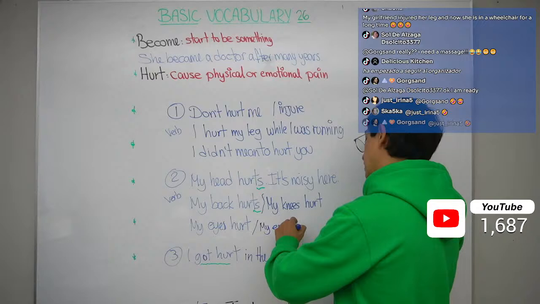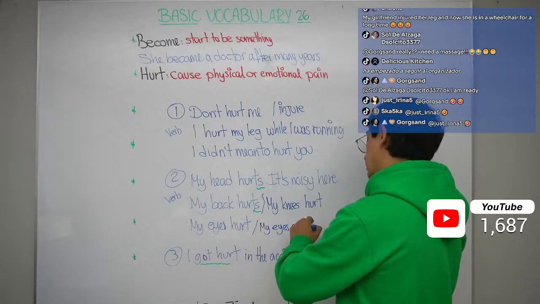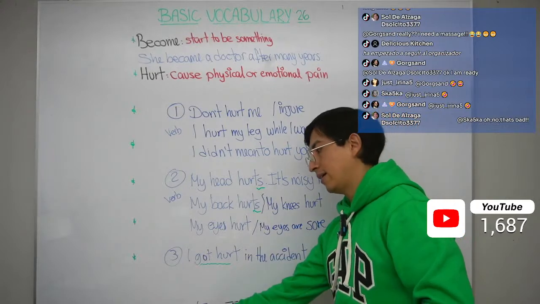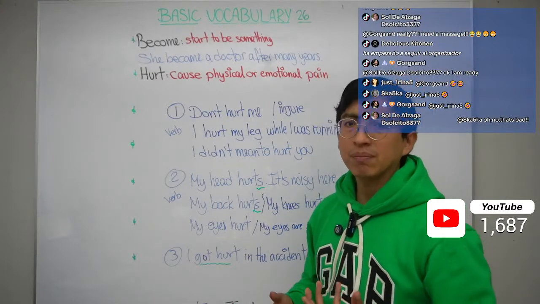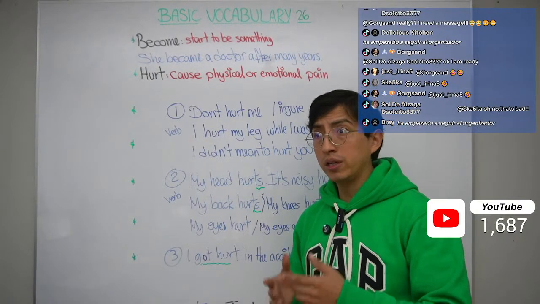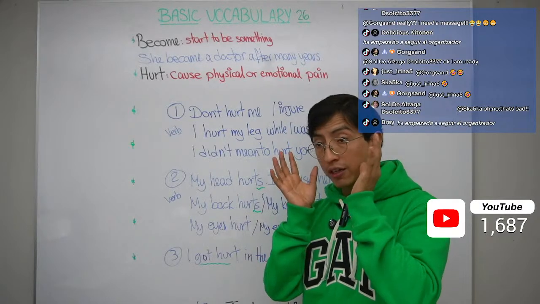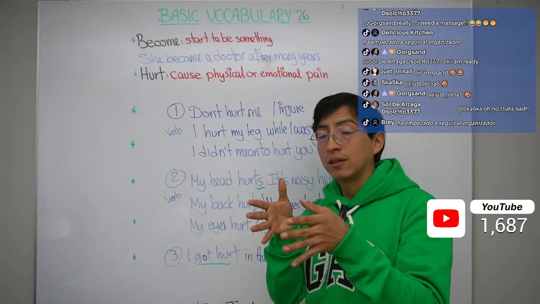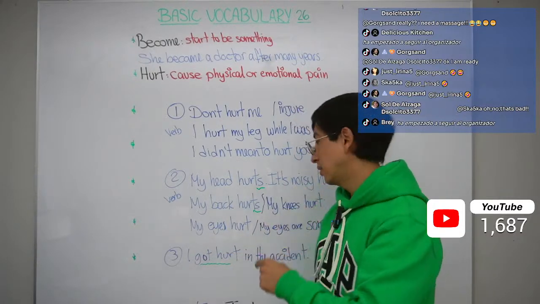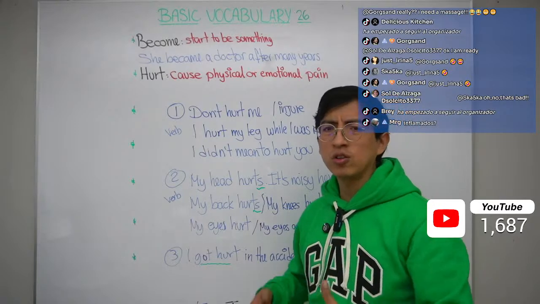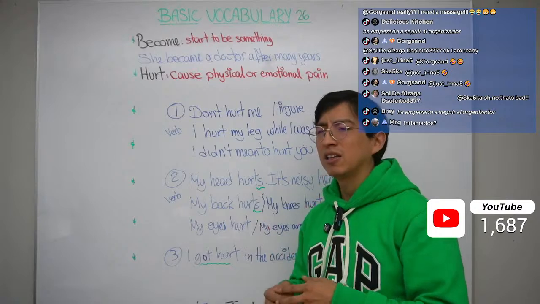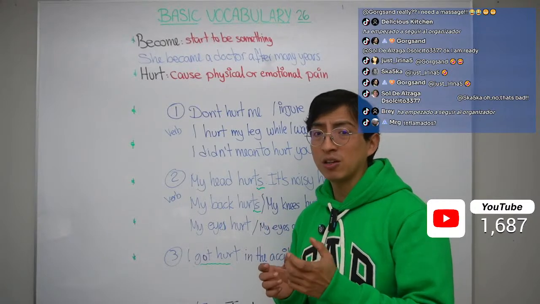Now, here we're talking about pain, but because we expose our eyes a lot to the light. Okay, a hurt is something that is a pain. In this case, sore is because you used that a lot. Maybe they are irritated. So that is the meaning of sore.